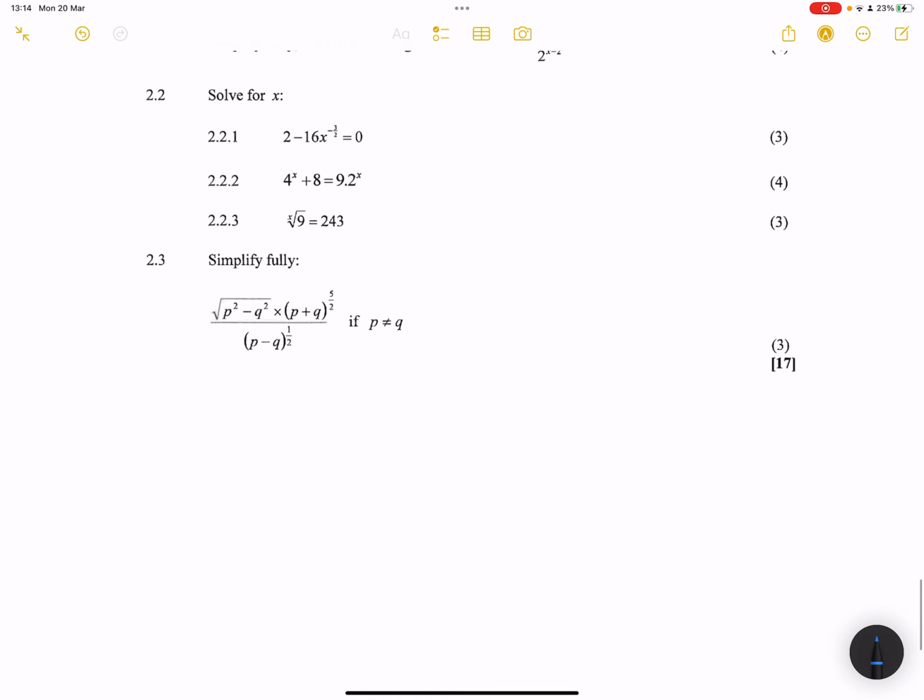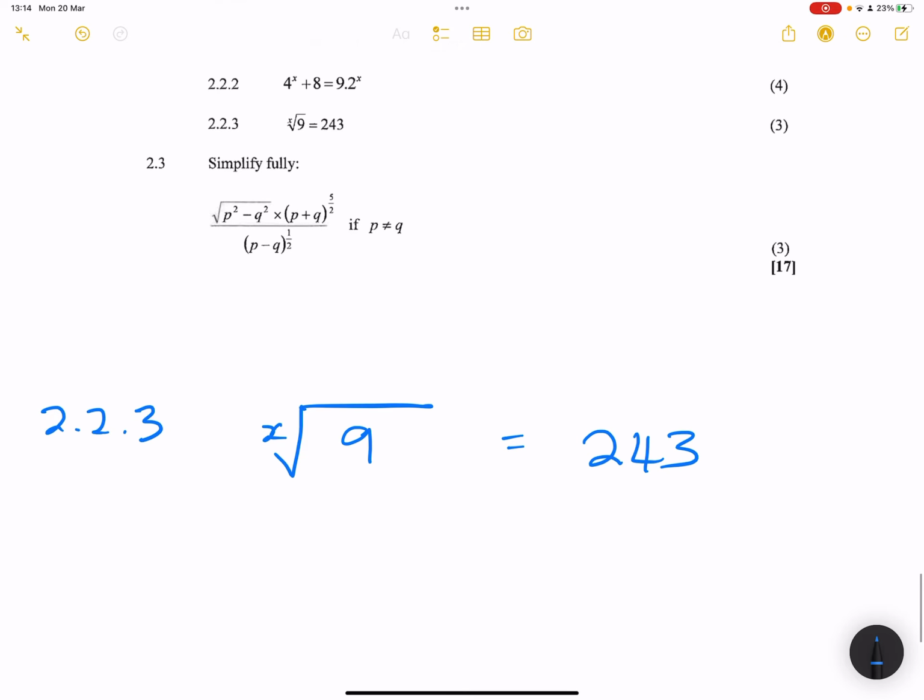Right, so now 2.2.3, we've got the xth root of 9, which is equal to 243. So now, remember what I can actually do to express this as an exponent.